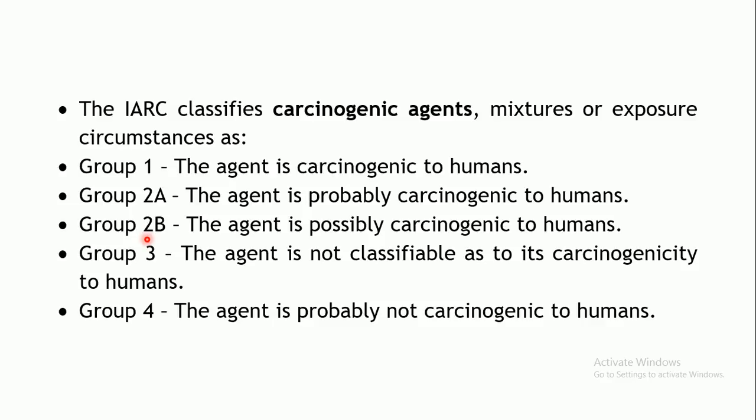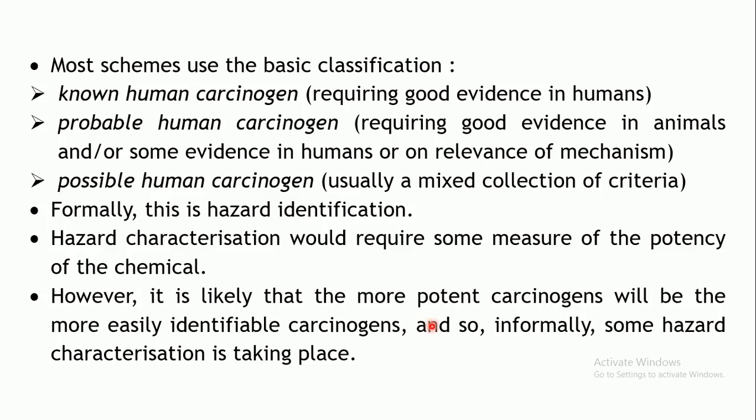It is categorized under group 2B when there is a possibility of carcinogenicity in human beings. It is classified under group 3 when it is not classifiable as far as carcinogenicity to human beings is concerned. And it is categorized under group 4 when the agent is probably not carcinogenic to humans. So this is how the classification is done.